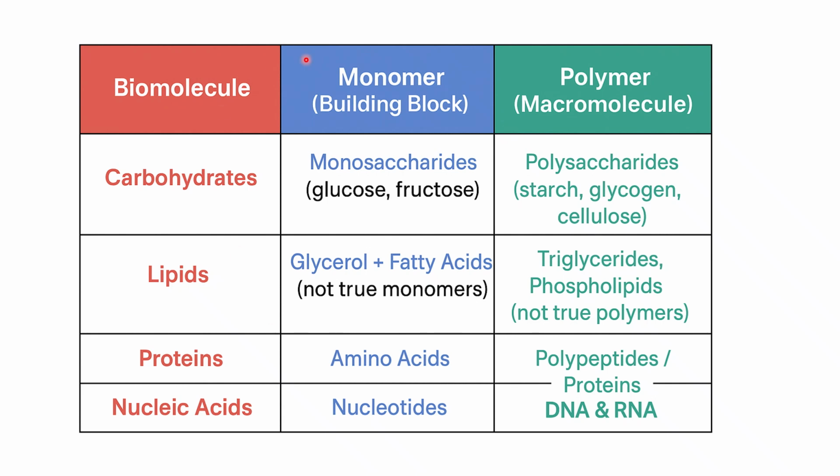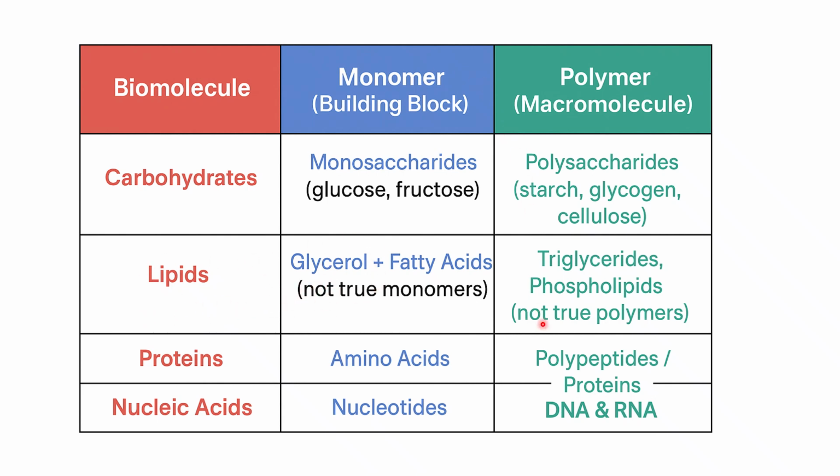Now, these are a few monomers of different biological molecules. We have carbohydrates. In carbohydrates, the monomers are monosaccharides, and we form polysaccharides, and these are your starch, glycogen and cellulose. Then we have lipids, and in lipids, the monomers are not true monomers. We're going to discuss them in more detail in the lipids topic.